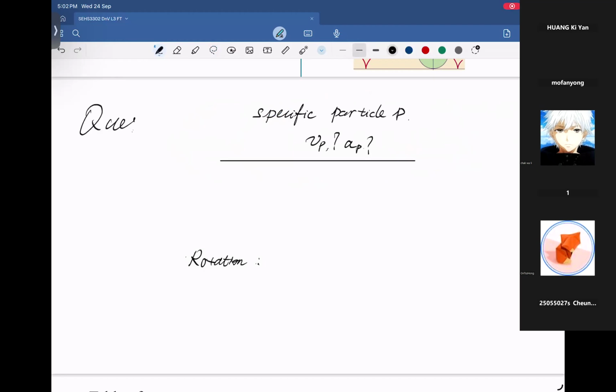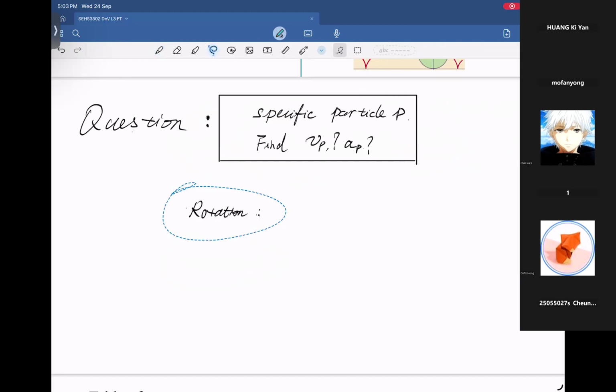We want to solve such a question in engineering applications. If it is in a rotation, actually it's easy.